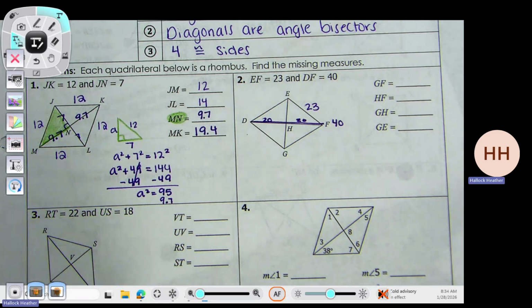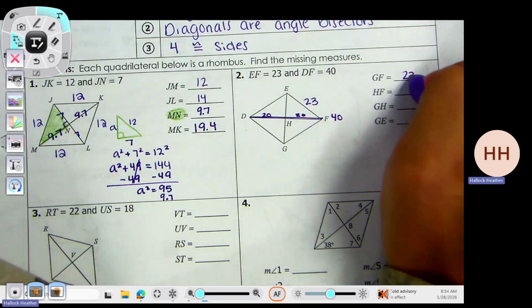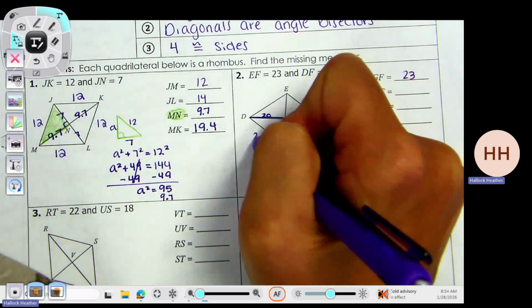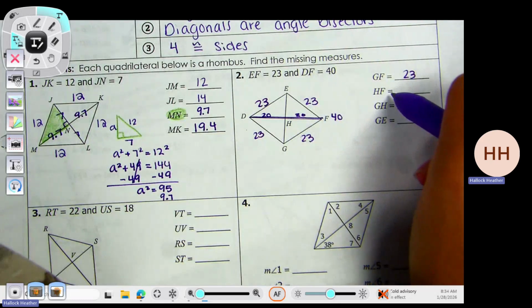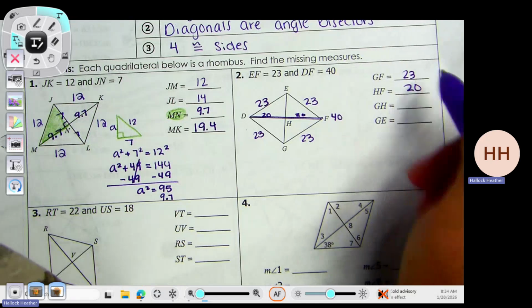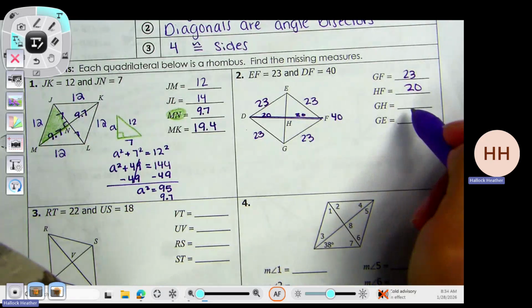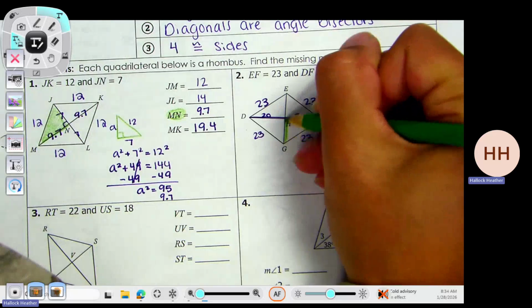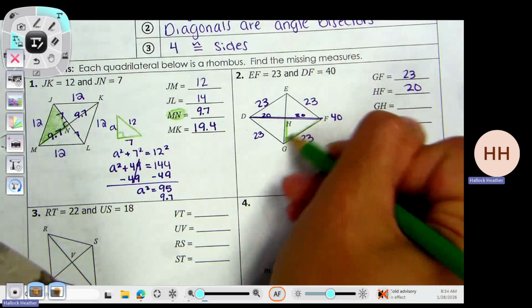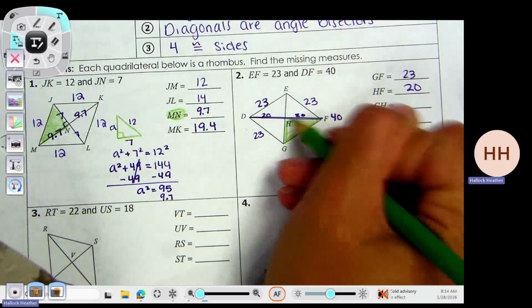How much is GF? 23, because you should have moved your 23 all the way around. Okay, HF is how much? 20, because the whole is 40, so I cut it in half. GH is not 20. So what am I going to do? You're going to make a Pythagorean theorem. We're going to color in this little triangle.